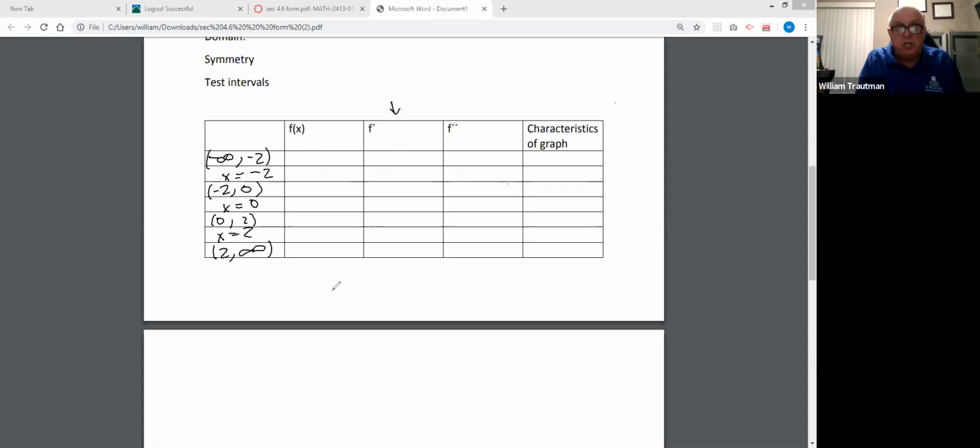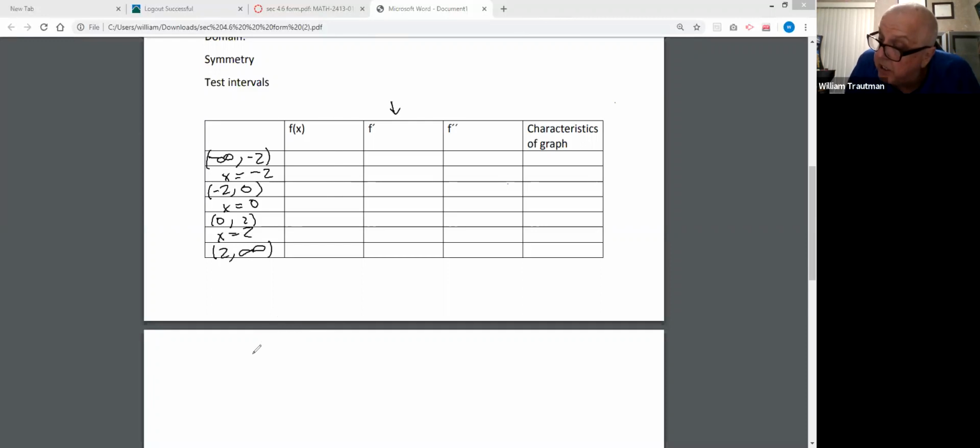Where's the original problem? I'm going to write the original problem down here. I can't raise it anymore, but I'm going to write the original problem here. Oh, sorry, I have to write the first derivative because we're going to do the first derivative right now.